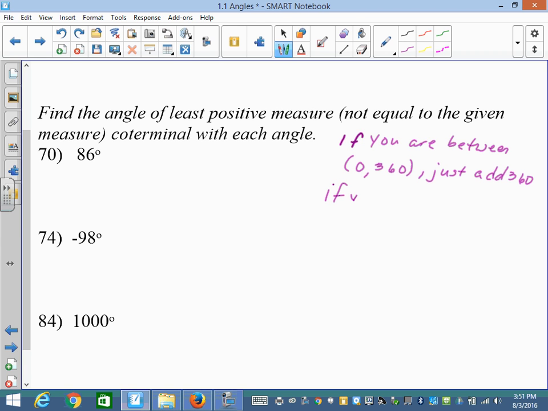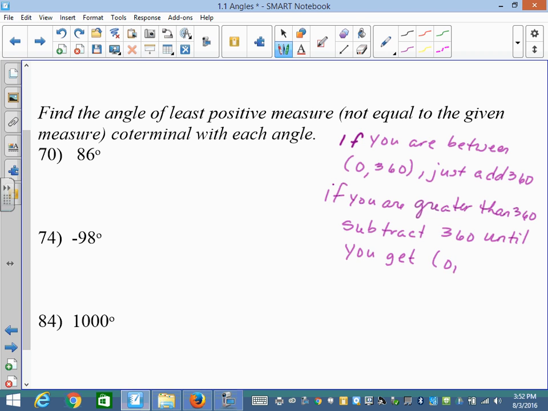If you are greater than 360, subtract 360 until you get between 0 and 360.